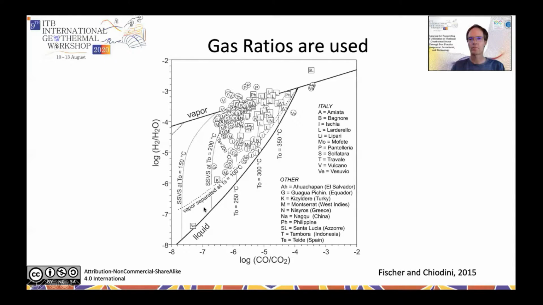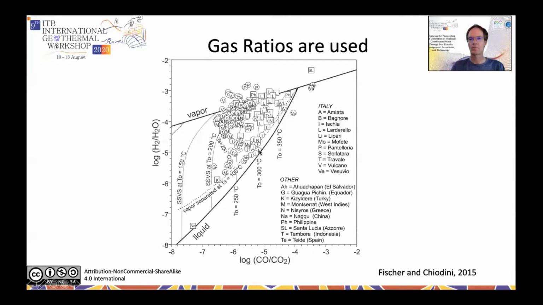Now, if you have a sample that plots closer to the liquid line, for example, these data points here, those are from Asia and Italy, then that implies that the origin, the source, and the process of that sample is a liquid-dominated system at depth somewhere. We don't know exactly where that liquid is, but we know it's there somewhere at depth.